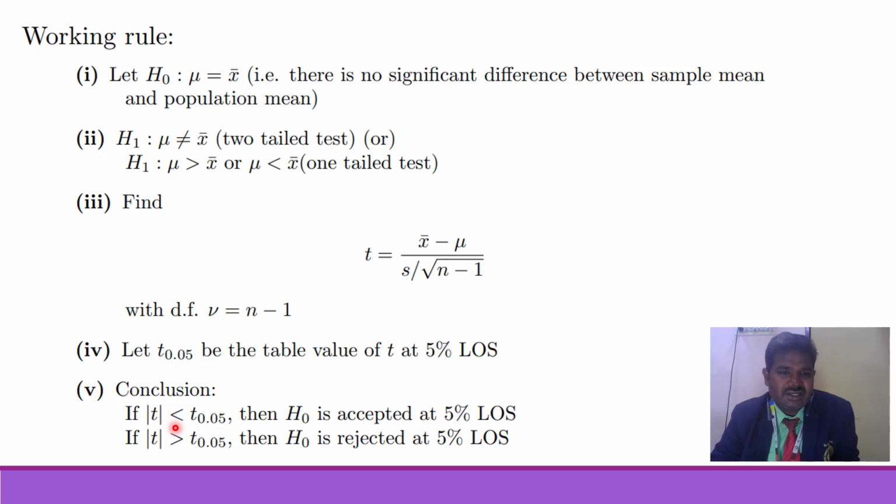If modulus of t is less than the table value t at 1% or 5%, depending upon the problem, then H naught is accepted at that level of significance. In case modulus of t is greater than t of 0.01, that is, our calculated value is greater than the table value, then H naught is rejected at that level of significance.